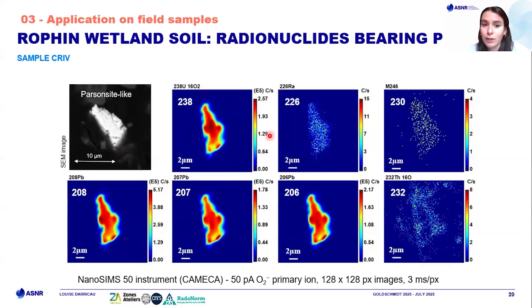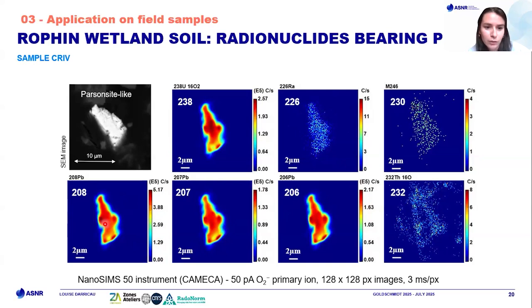And we have here the uranium signal, which is really high, the lead isotopes also, and for radium here and thorium here, we have a really great image and maybe a higher content of radium in this phase. So we have a lot of different phases that we observed, and we can then access a bit more information when we do some isotopic ratios.